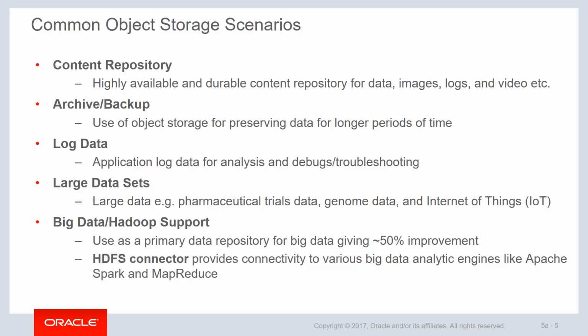Rather than relying on local storage within the compute nodes of our HDFS, of our Hadoop cluster, we could simply store all of that raw unstructured data in the object storage service and utilize the Hadoop connector to evaluate or attach to that data directly from our big data tool sets like Apache Spark or MapReduce.